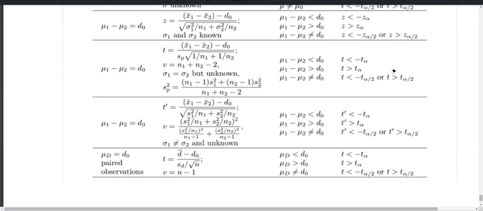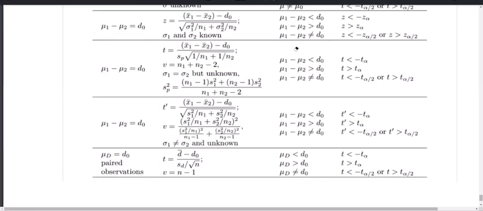So, like I said, this particular table will be provided in the exam. I'm going to attach the whole of this. In the exam, I'm going to attach this particular table.